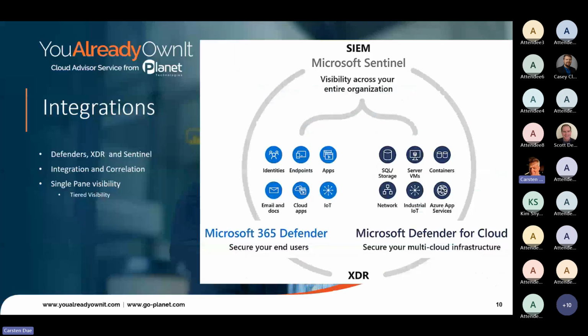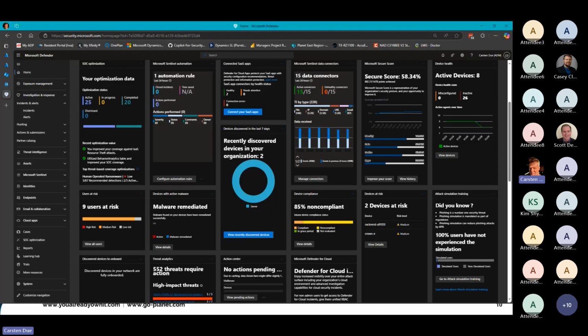All right, moving on here. So the integrations. I'm going to show you real quick what these tools actually look like. It's going to be a little sneak peek also. If I start with Microsoft Defender, this is really the XDR portal.